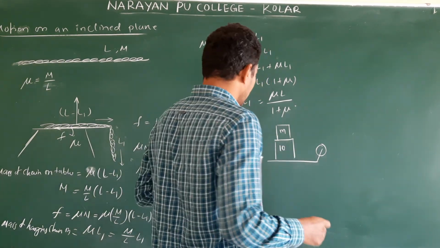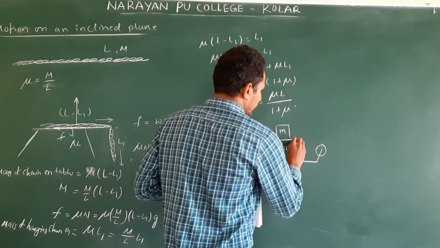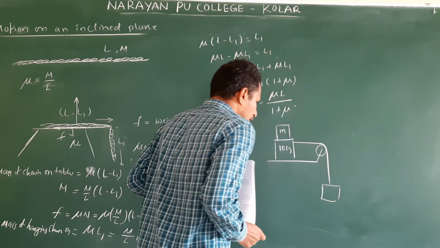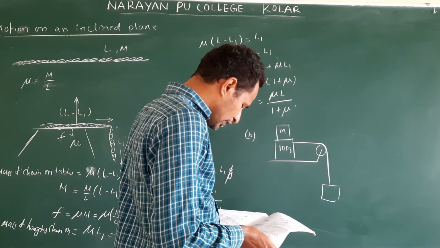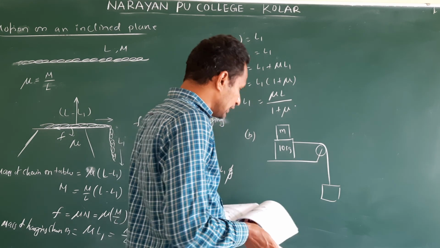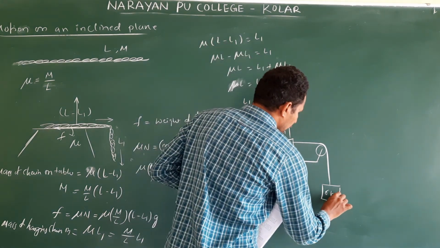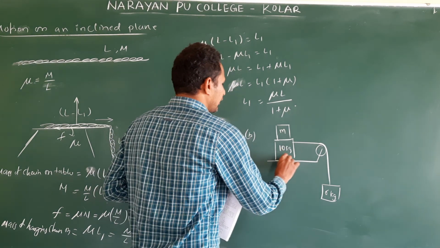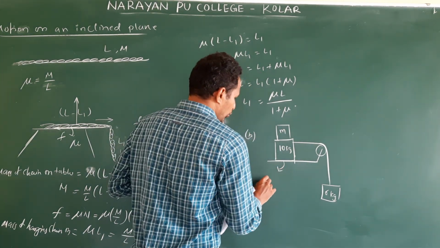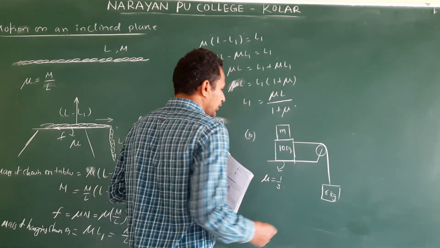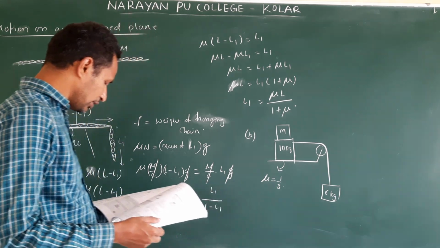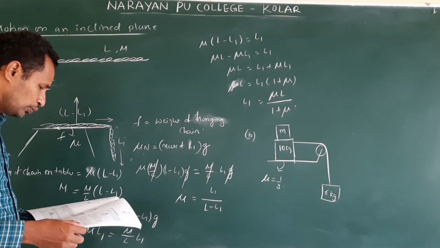And there is a string, one end connected to the 10 kg block and the other end connected to a 6 kg block, hanging. There is friction between the block and the table, with coefficient of friction mu given. What they are asking: find the minimum value of M so that the block does not move.